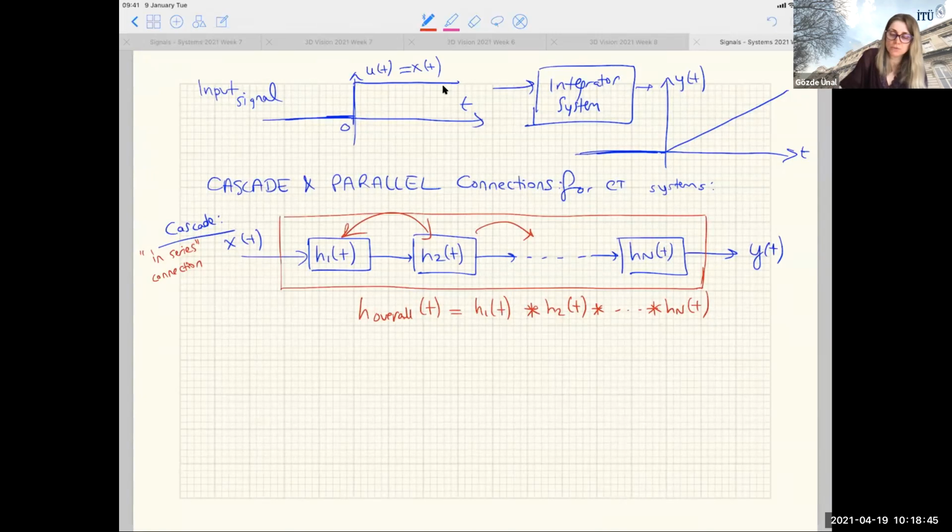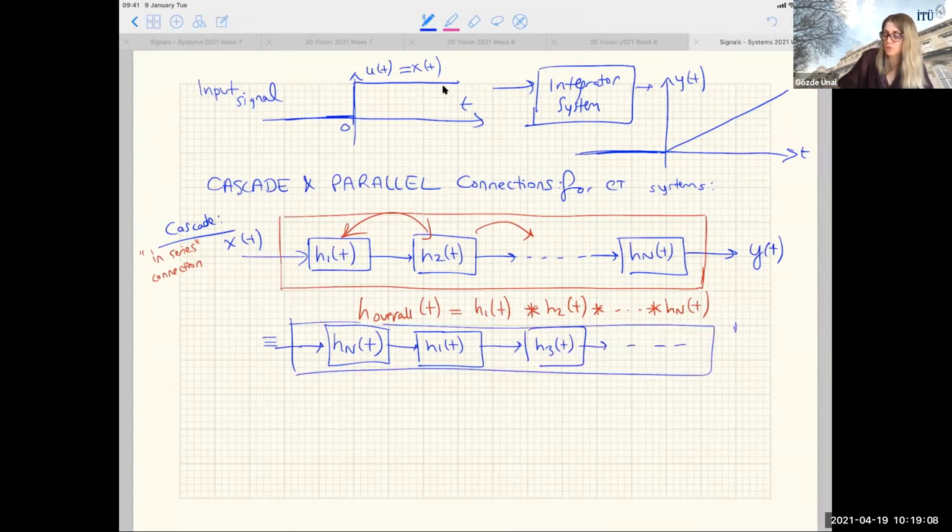For instance, that is equivalent to bringing Hn of t to the system first; really just any order is fine. You can use all those rules to show this is equivalent.